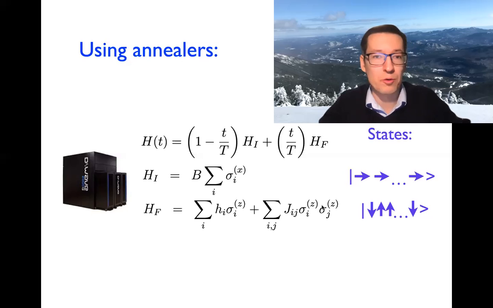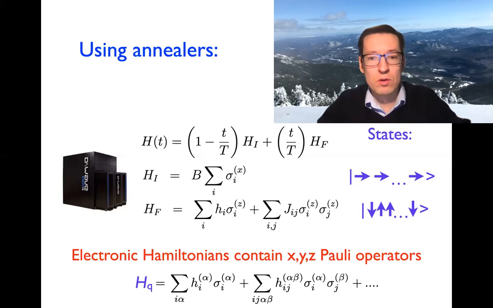with the quantum annealer. Now, if we compare this with the electronic Hamiltonians that we have in the electronic structure problem, you can easily see that there are a few differences. First of all, the number of terms could be bigger, and the products of the Pauli operators can go from quadratic to higher powers, all the way up to n, where n is the number of orbitals in the system.